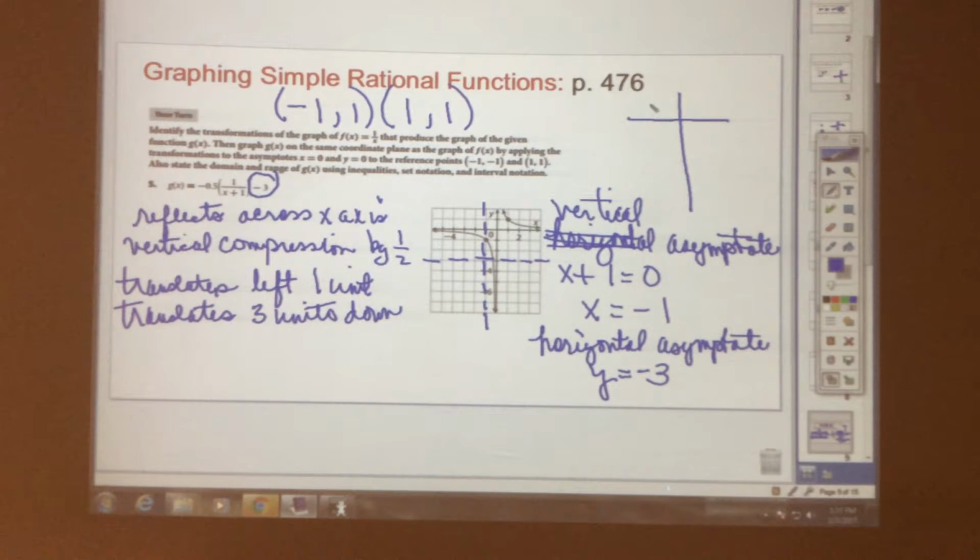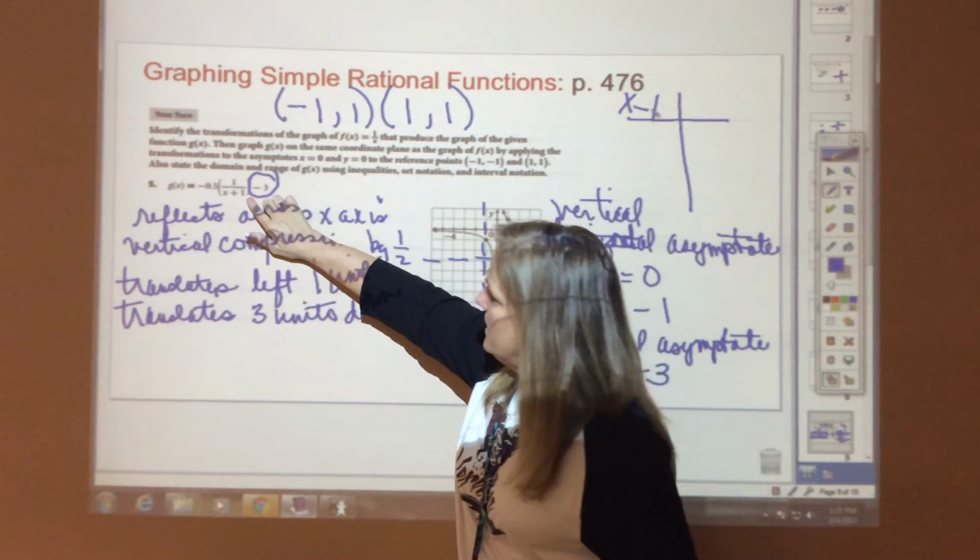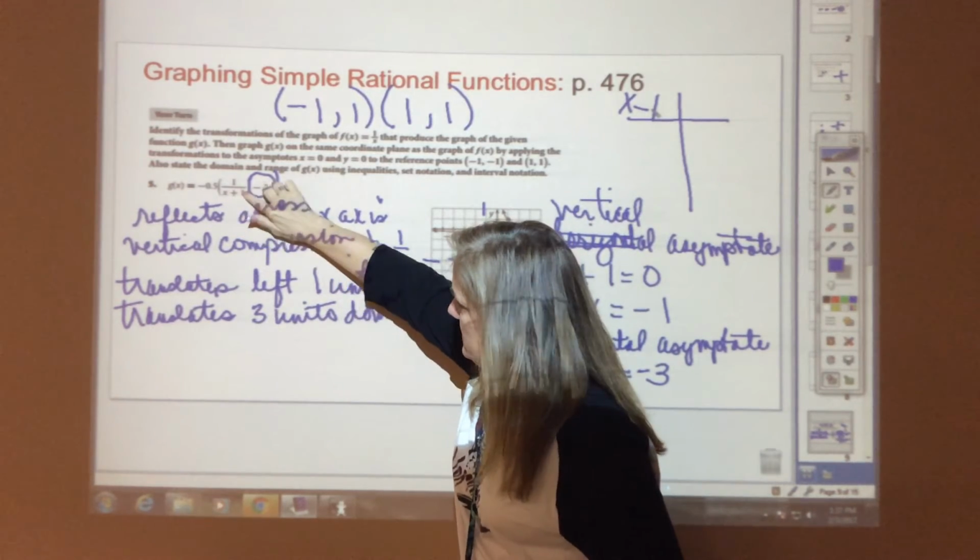Okay, let's go back up here to our table. What are we doing to our x? Now, we're talking about just the x, just the part in parentheses. What are we doing to just the x? Remember, it's opposite. X plus 1, so I'm looking at just the part in the parentheses right here.